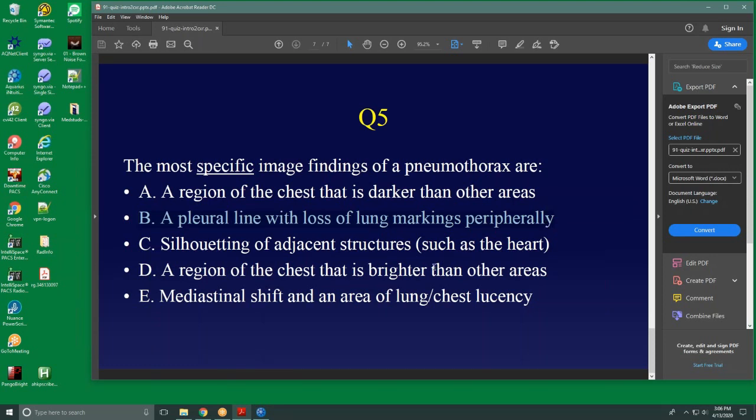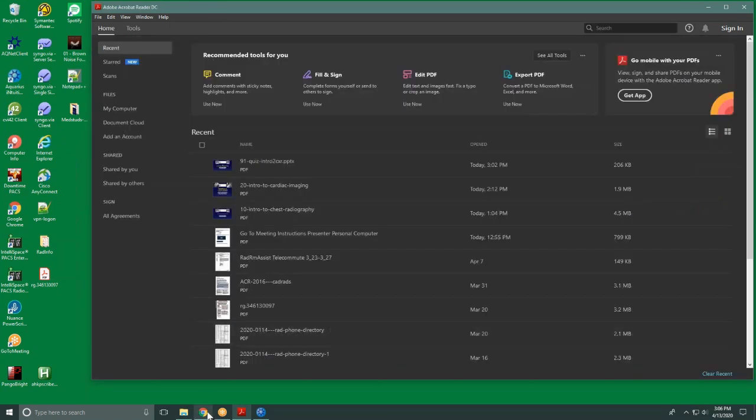Some of the other findings can be seen, but they're not as specific. These are very specific findings for pneumothorax. Any questions on those? I hope I hit all those points in the lecture for everybody. Going once, going twice? Okay, moving on to the next one.